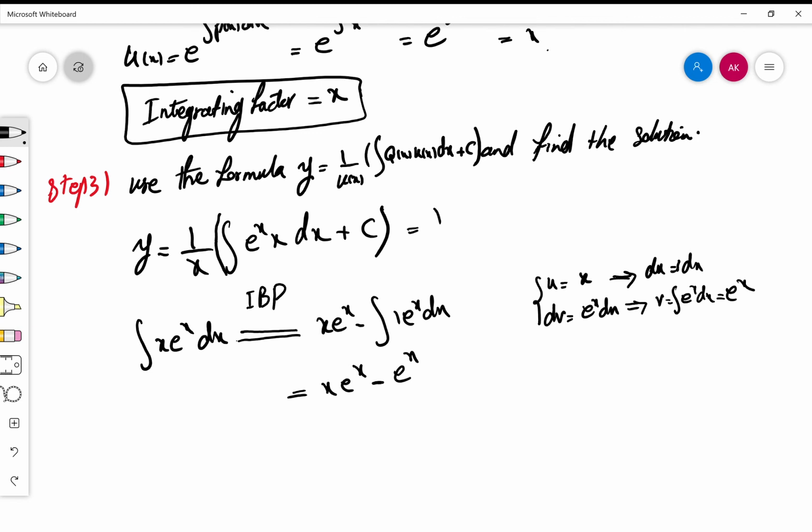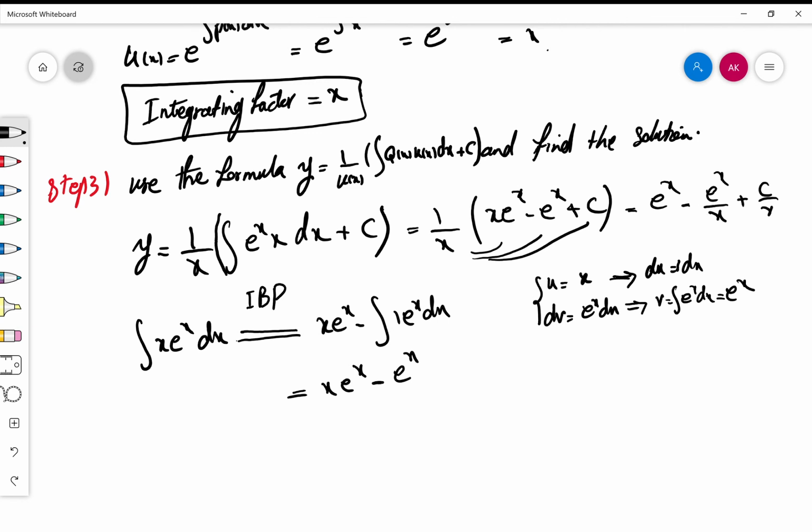Okay, when you find this, just put it back. So this is 1 over x times (x e to the power x minus e to the power x plus c). Well, you can simplify a little bit, multiply this inside, and what you get is e to the power x minus e to the power x over x plus c over x.